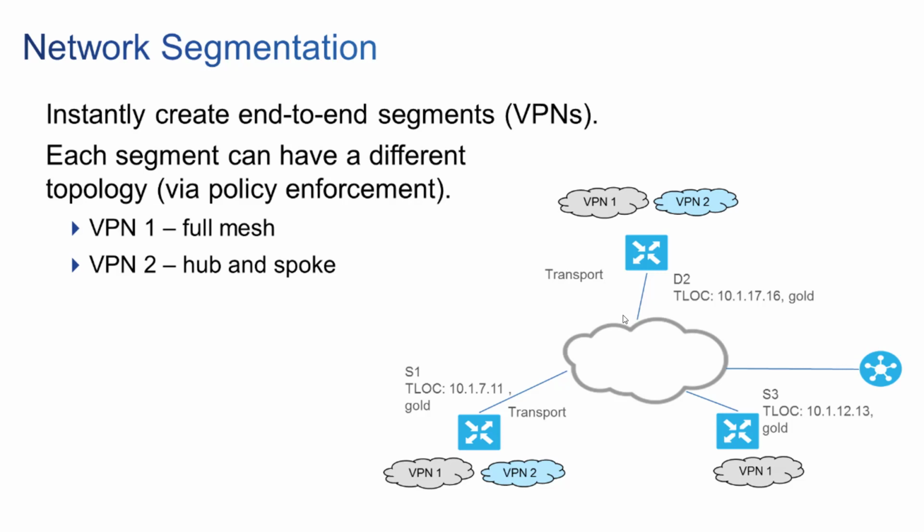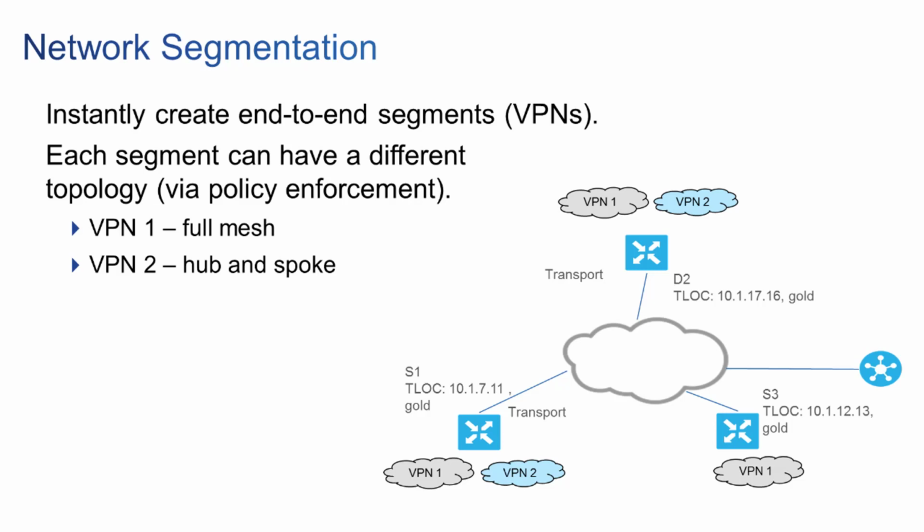And then we need to create a third VPN instance for carrying the actual data traffic, which would be our service VPNs, right? We talked in detail in some of the previous lessons about what the transport VPN is used for and what VPN 512 is used for. So I don't want to get into too much detail on that right now, but this is the first part or process of configuring that segmentation.